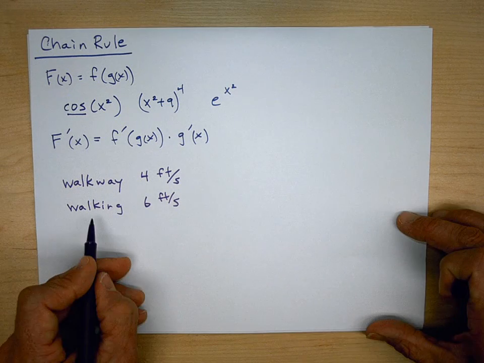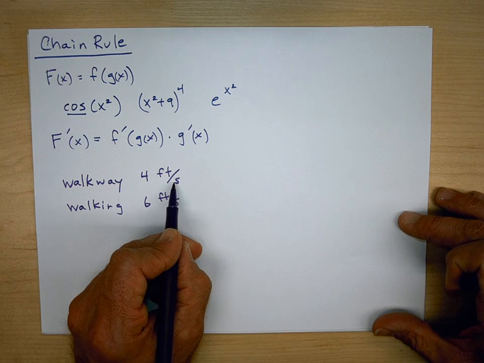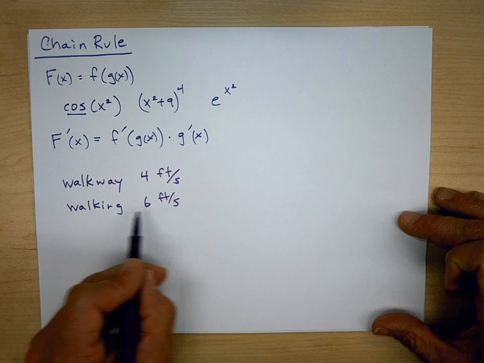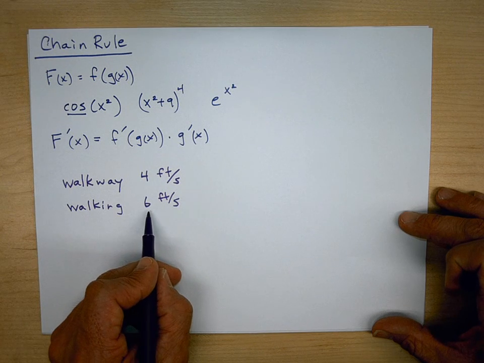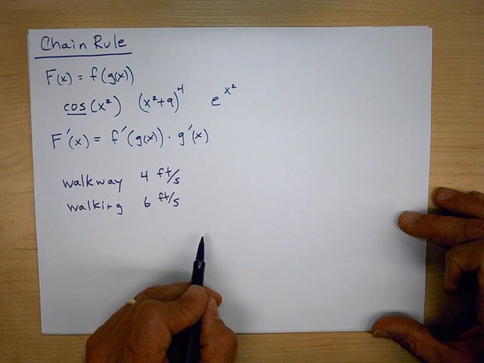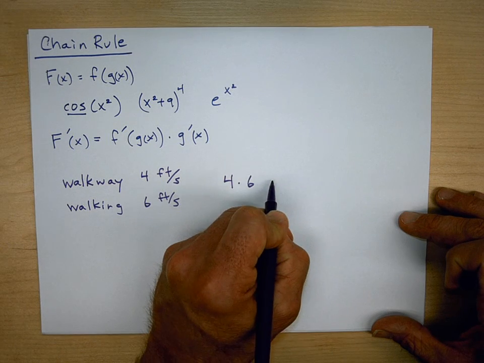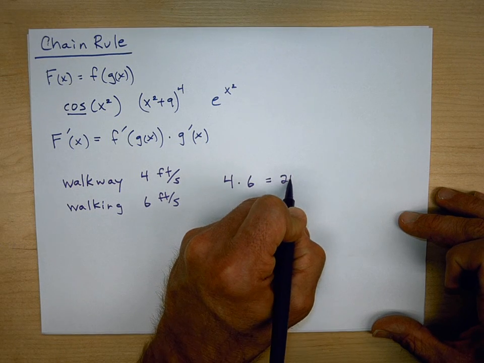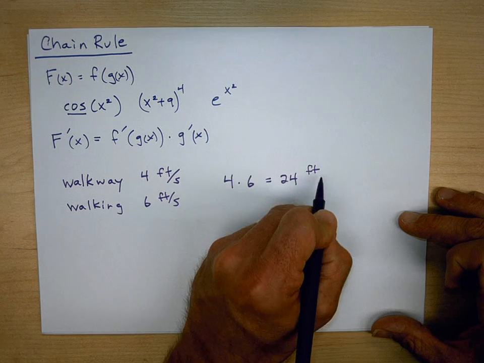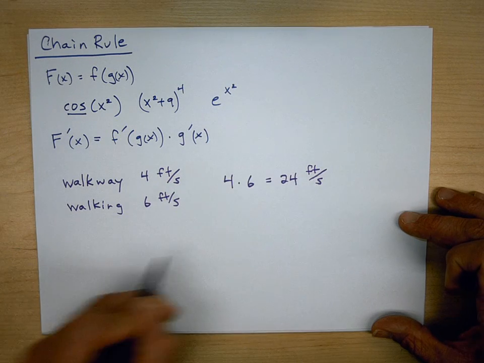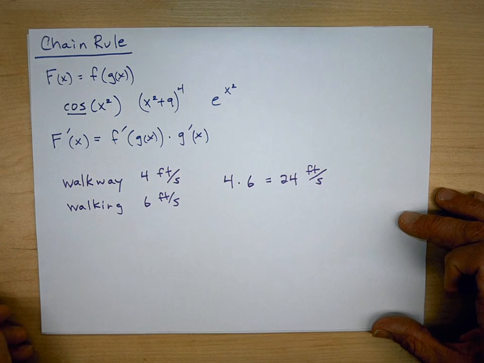All right, so if the walkway is moving at 4 feet per second, and you are on the walkway moving at 6 feet per second, hopefully it makes sense that 4 times 6, your position is changing at a rate of 24 feet per second.